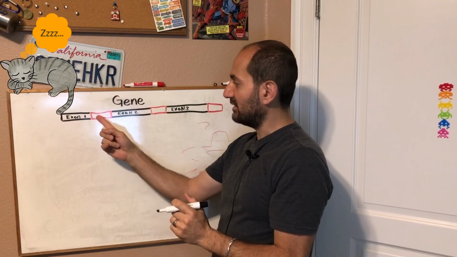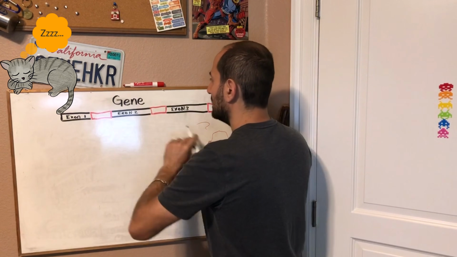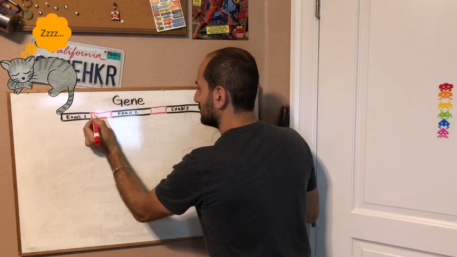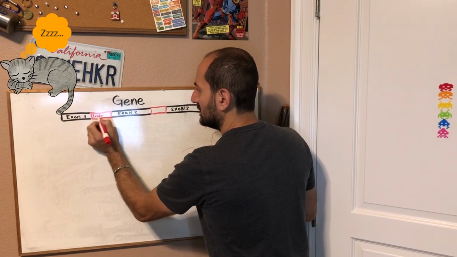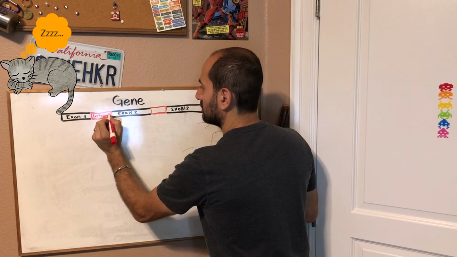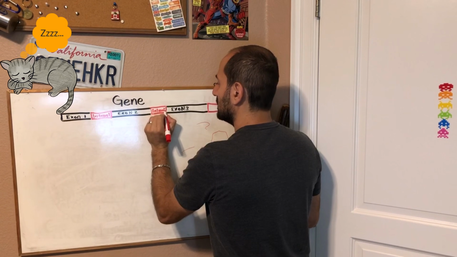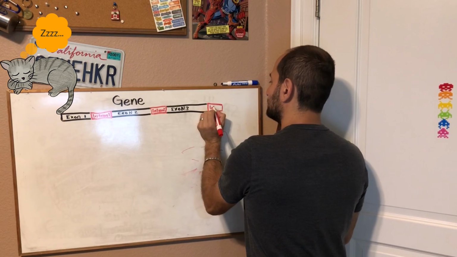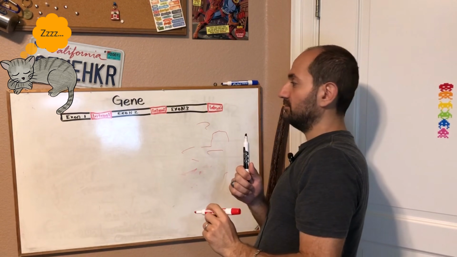But then you also have the other filler parts, and the fillers are called introns. So this would be called intron, I-N-T-R-O-N, intron 1, intron 2, and intron 3. Intron 1, 2, and 3.